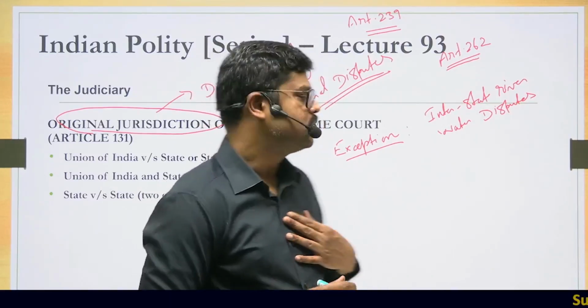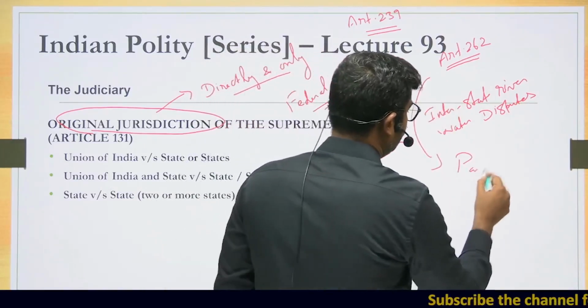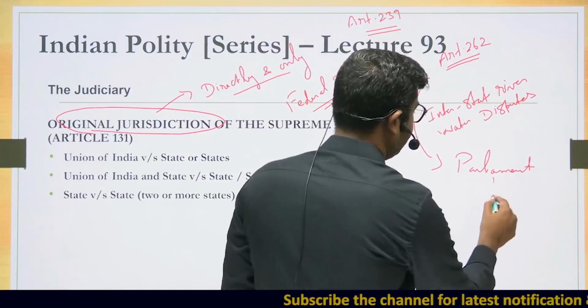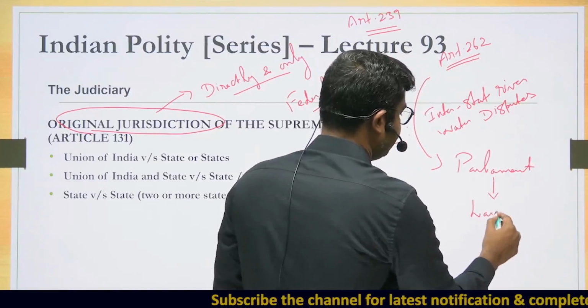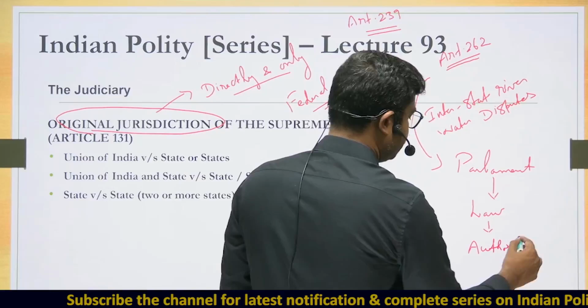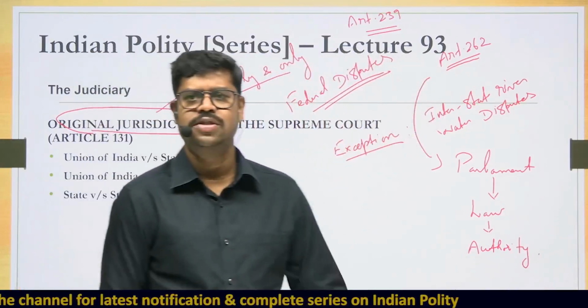So under Article 262 of the Constitution, who shall have the power? The parliament shall have the power, and based on the law made by the parliament, they shall establish an authority, and only in front of such an authority the interstate river water dispute shall be challenged. This is what the Constitution says.